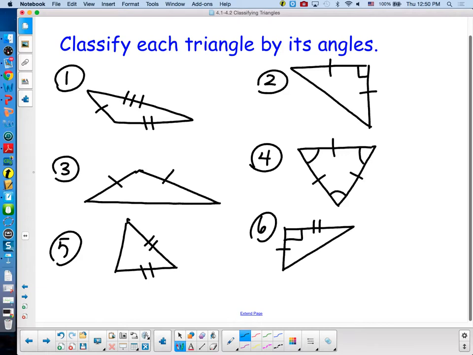Number 4, equiangular and equilateral. 5, acute isosceles. And 6, right scalene. I didn't even mark that last side. It's not the same as the others. So you can classify by both sides and angles. All right, question on that terminology.